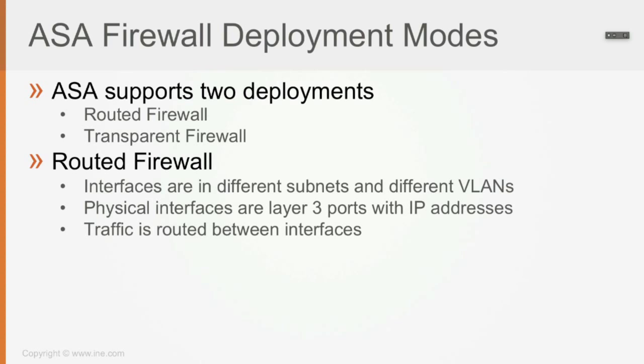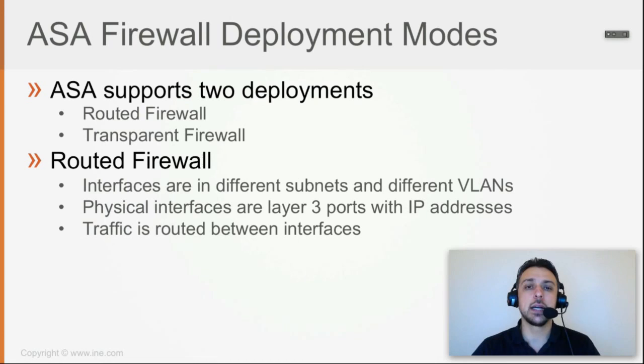Now there's an exception to this rule, because on the ASA 5505, all of its ports are layer 2 ports, and the ASA 5505 makes use of SVIs just like a regular switch to define the layer 3 ports.